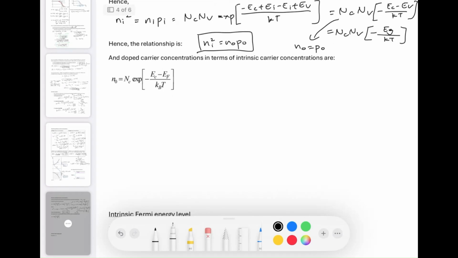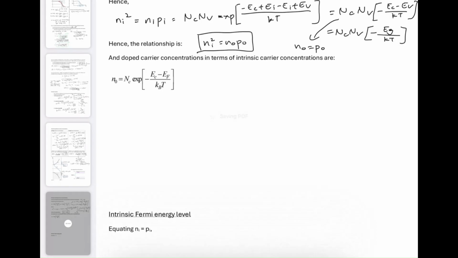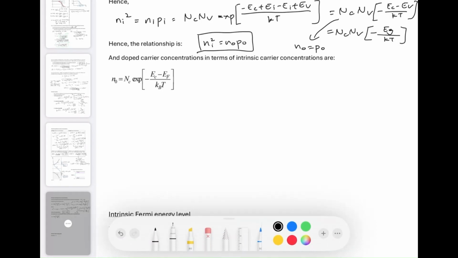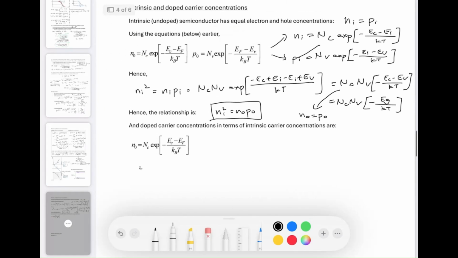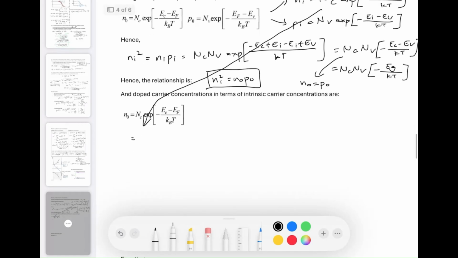Okay, so we have that. And now let's look at the doped carrier concentration in terms of the Ni, the intrinsic carrier concentration. So N0 is equal to the concentration of the electrons in the conduction band. Again, we have gotten this from the earlier part. Now let's sub this in. We know that Ni is equal to Nc times exponential of that, so we'll sub that in.